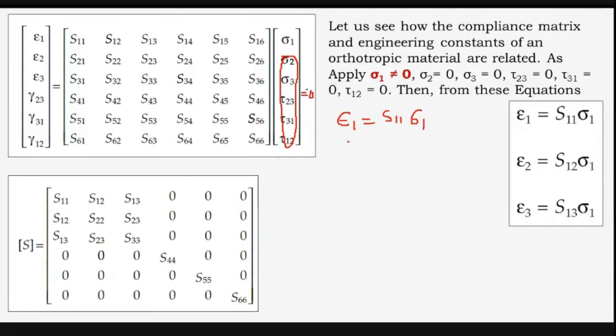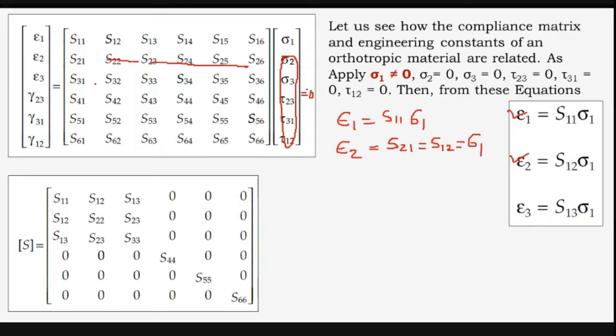If I write epsilon 2, then S21 into sigma 1, and next S22 sigma 2 is 0, S23 sigma 3 is 0, so all the next terms go to 0 for this case. So this will be S21, or it can be S12 because we know this is symmetric, multiplied by sigma 1. So we got this equation.